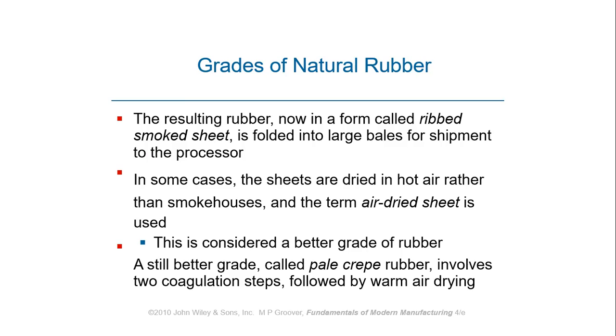And even better grade can also be produced by two coagulation process using warm air drying. Okay, first you do the warm air drying, and then you do the final curing at hot air. Okay, and then a better grade can be obtained. It actually increases the cost of rubber, and depends on the application where you are using these rubbers.